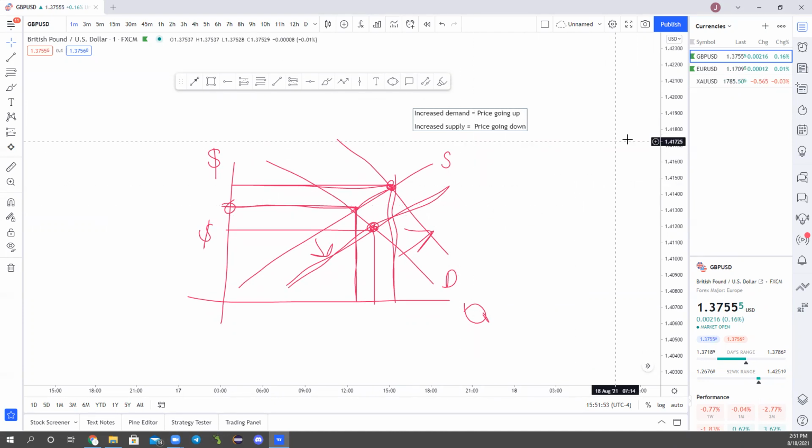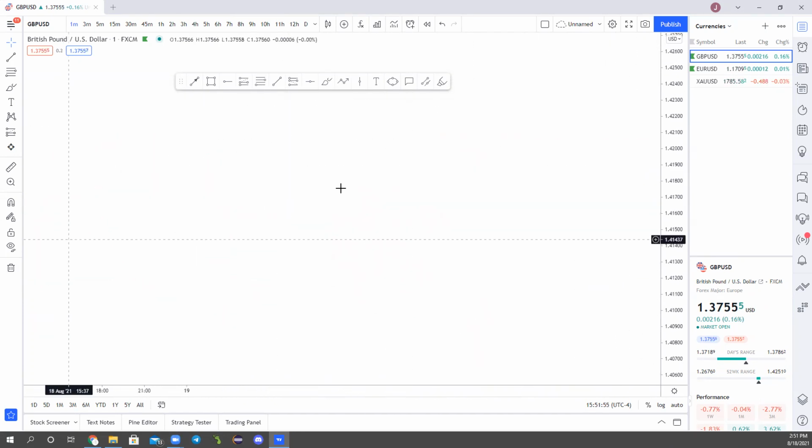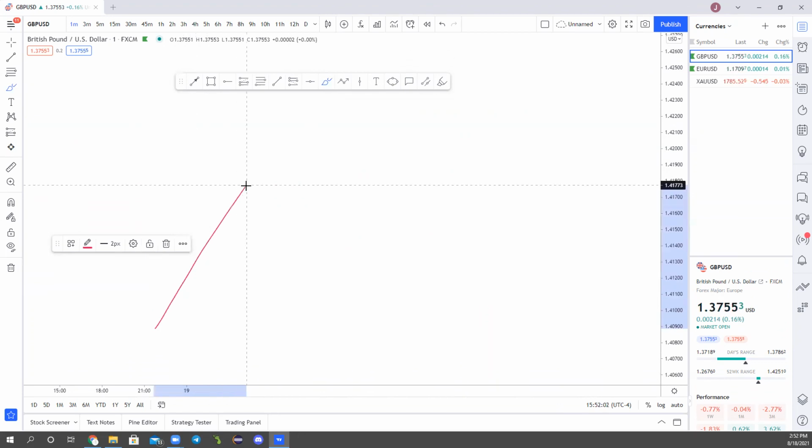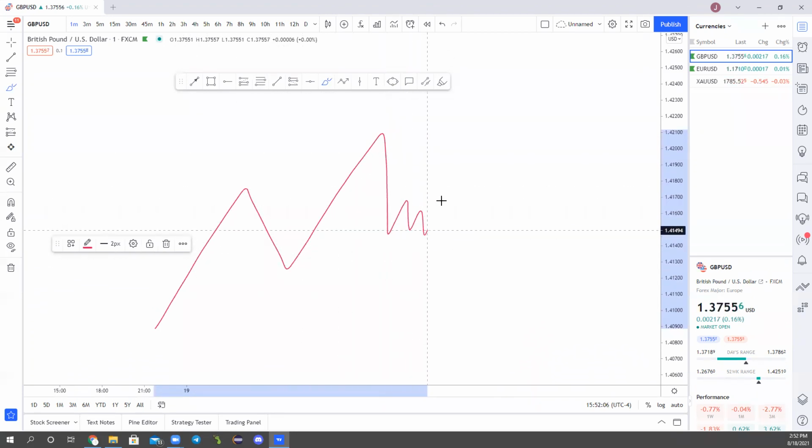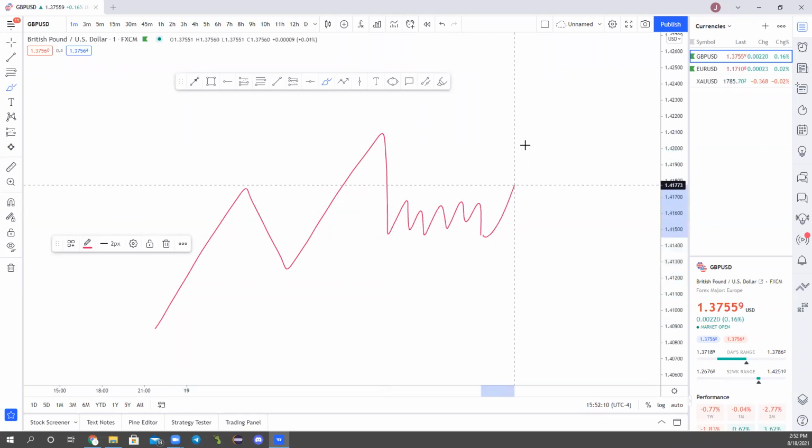It works the opposite way. But what does demand actually look like on a chart? Demand looks like this. It's consolidation that's followed by a push up, right?